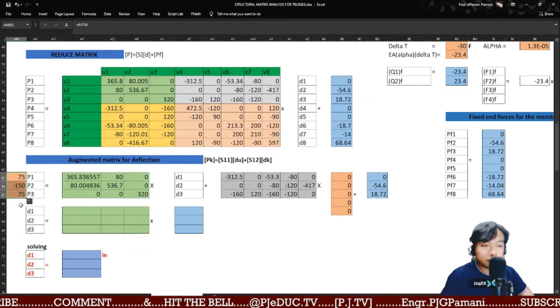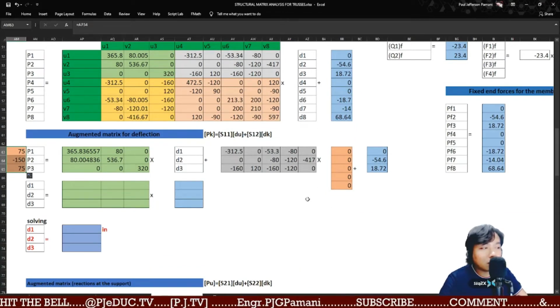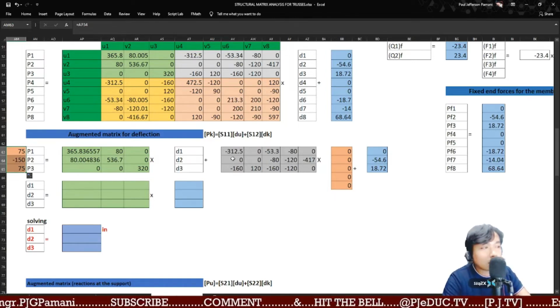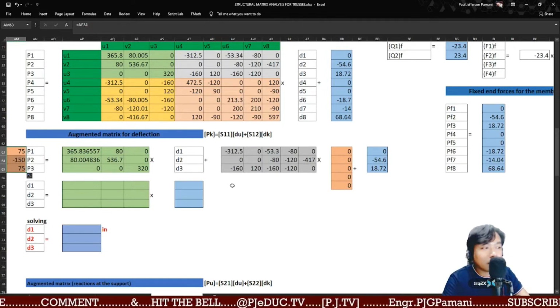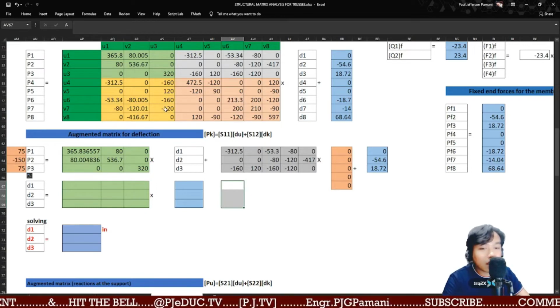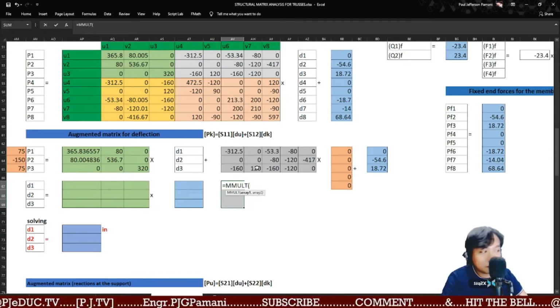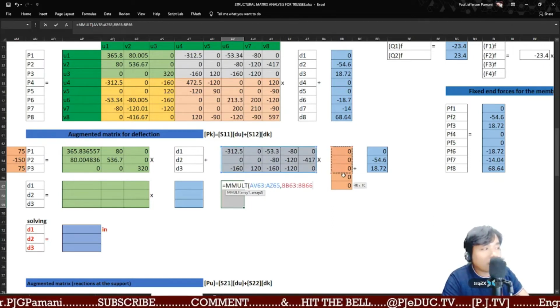Okay? So, how are we going to do that? Meron na tayong tatlong values dito. So, para makita natin na ito ay 0, so basically, that is a 3 by 5 matrix times 5 by 1. Gives us a 3 by 1 matrix. Tama ba? Yes po. Times a 5 by 1.